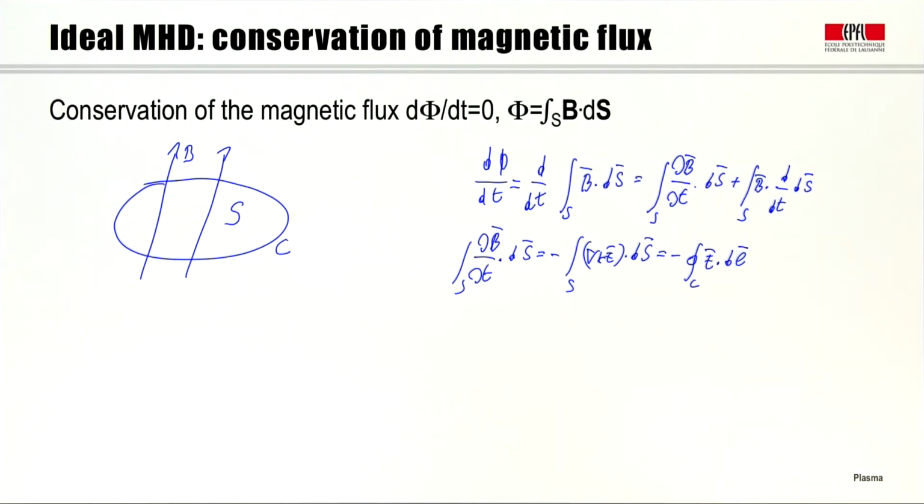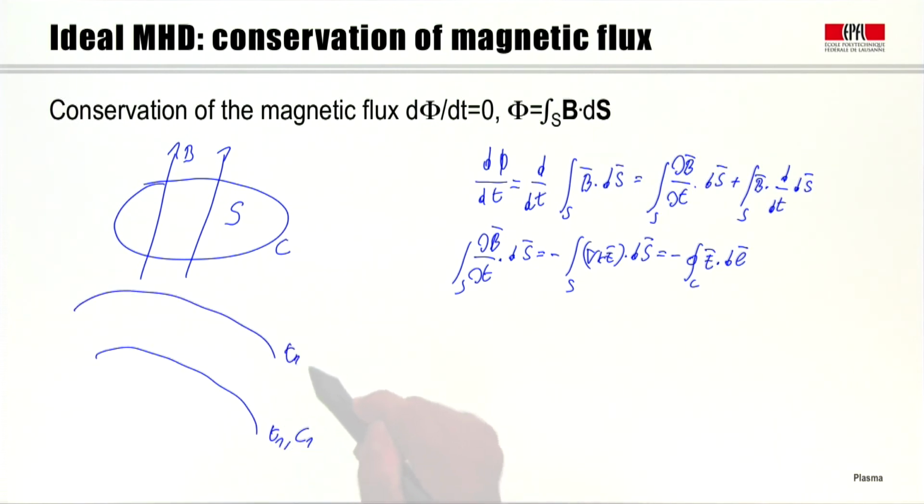Now we can work on the second term. So we are looking at the time derivative of the surface element dS. At time t1, the surface element is delimited by this contour C, which moves at time t2 to a different contour C2.